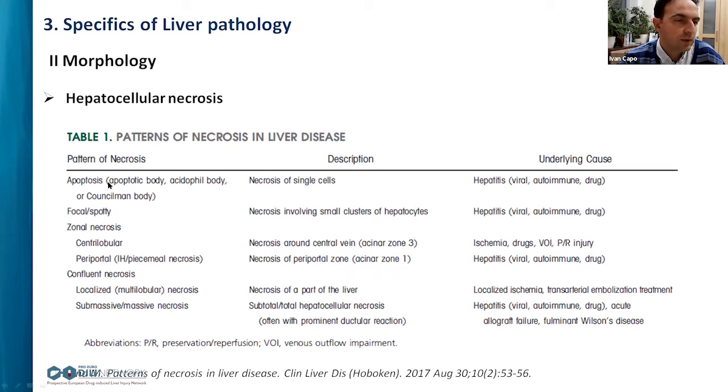This apoptosis, we usually expect in some hepatitis, which is connected to viral, autoimmune, or drug-induced changes. The focal necrosis is also connected with the same, but the zonal necrosis and the confluent necrosis, we usually connect to some type of ischemia or drug-induced changes inside the liver.